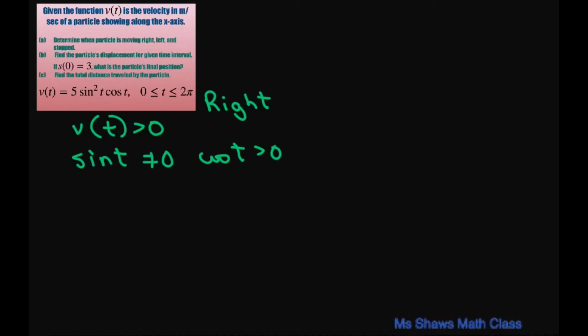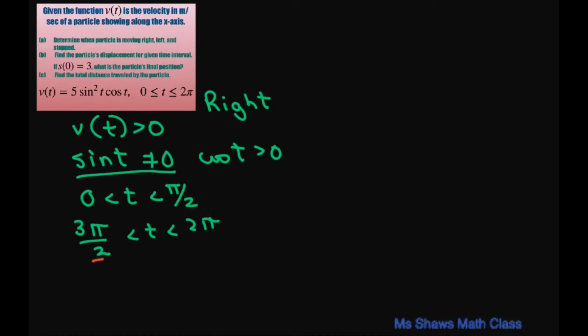That means that's in quadrants 1 and 4. Now it can't equal it because sine of t can't equal 0. So that's why there's no equal signs on these endpoints here.